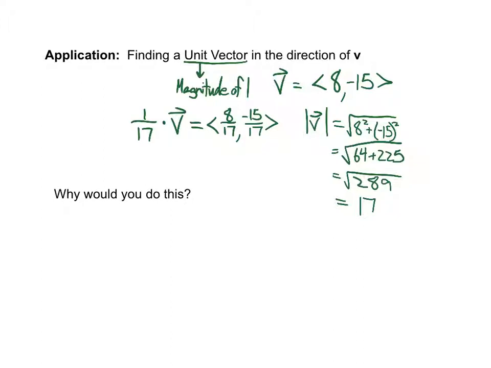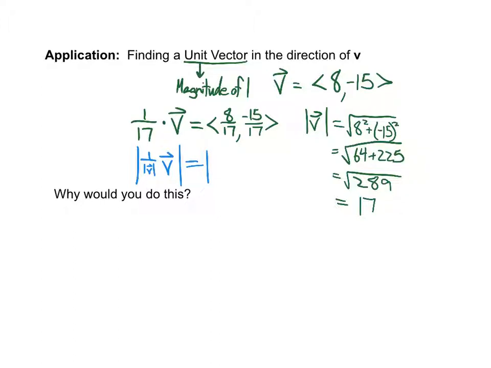So basically, here's the idea. That 17 was the magnitude of v. If I take any vector and multiply it by 1 over its own magnitude, the result will have a magnitude equal to 1. That's what we just did.